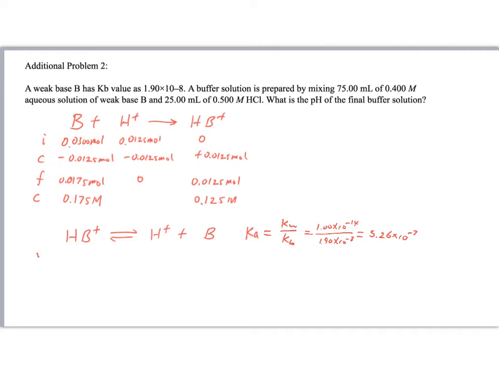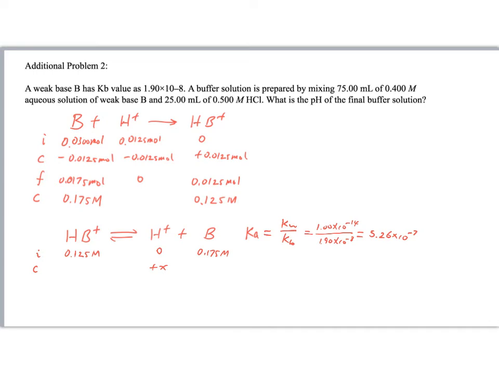Now we consider the equilibration. Initially we have HB+ at 0.125 molar, B as a weak base at 0.175 molar, and we have 0 H+. Then the equilibrium will shift towards the right.